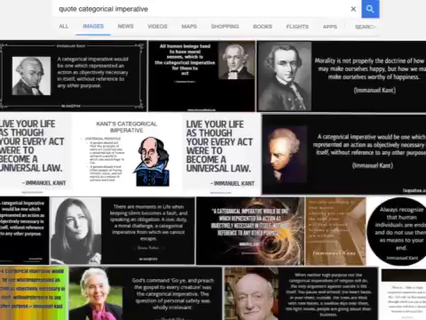So the first one: live your life as though your every act were to become a universal law. So this involves, prior to consequences, thinking about the universalization of your actions. And because of this universalization, you can draw parallels to some of John Stuart Mill's utilitarian thinking, even though the theories are in conflict with one another.